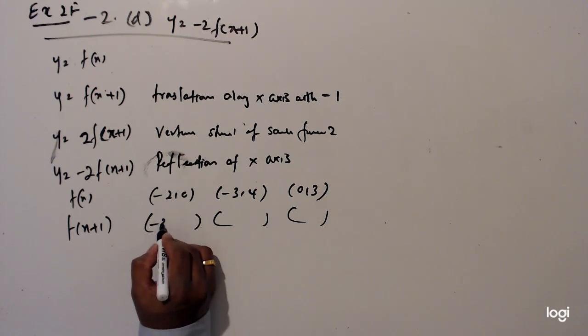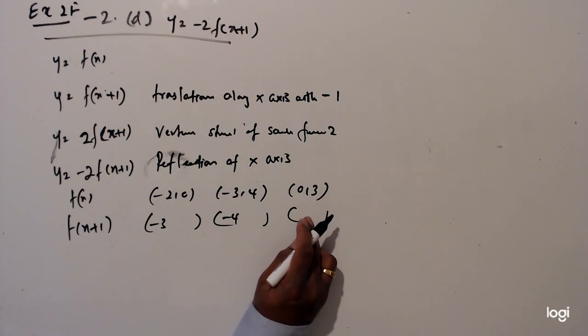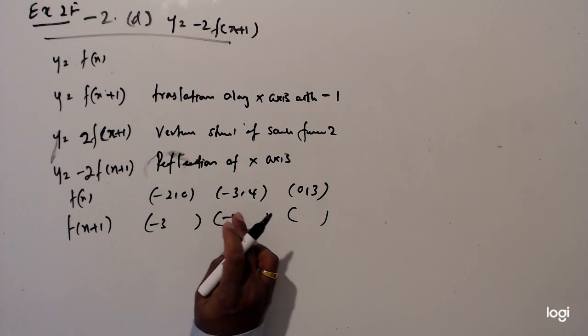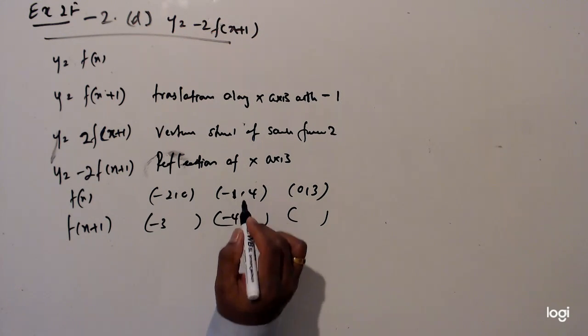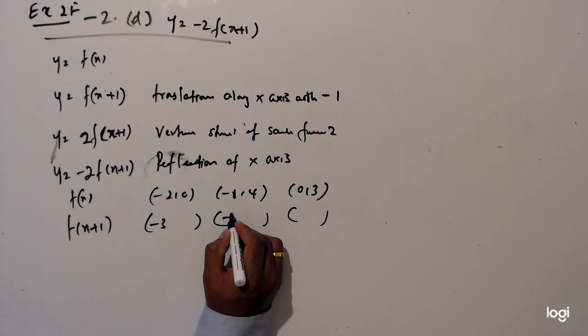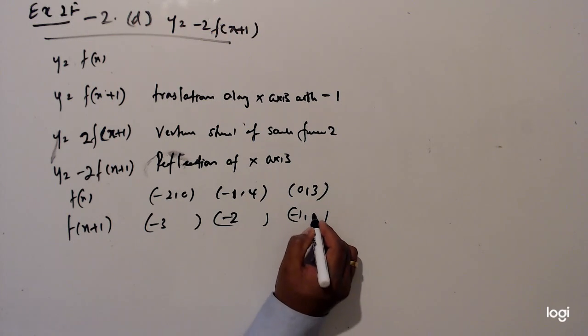So minus 3 and minus 2 become minus 2, 0, minus 1, 4, and minus 1, 3.